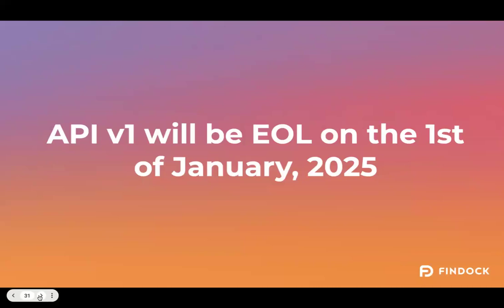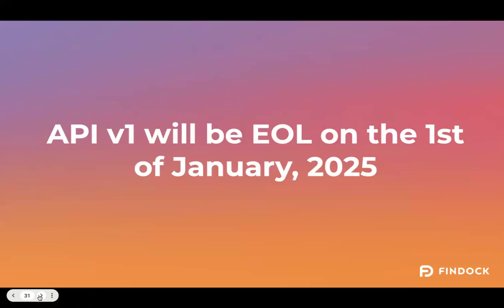One thing I do want to highlight from the release notes is that we will be removing support for the API v1 and declare it end of life on the 1st of January 2025. All impacted customers and partners will have received an email in the last few weeks.